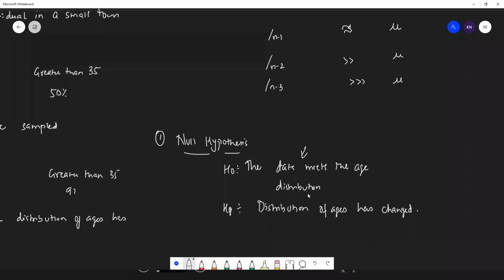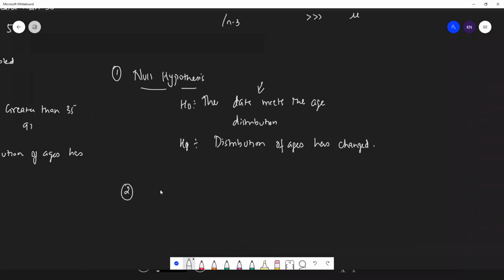Everybody agree to this? Null hypothesis, alternate hypothesis? Okay, perfect. Now the second step. Your alpha is given as 0.05. Okay, so what is the confidence interval? Do you agree with this? Perfect. The third step is to calculate the degrees of freedom.